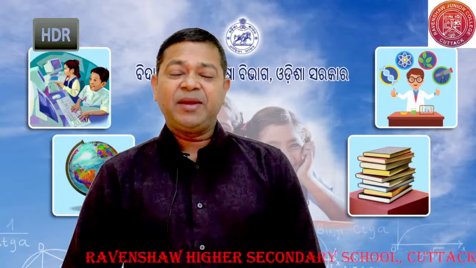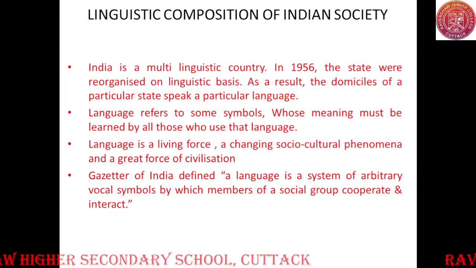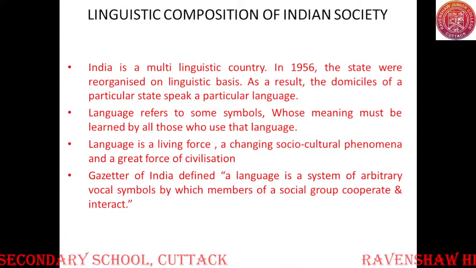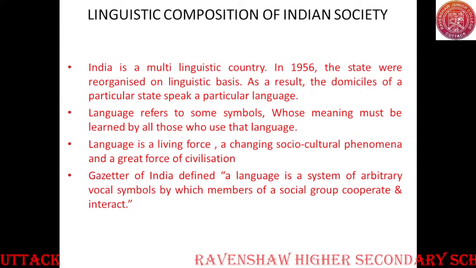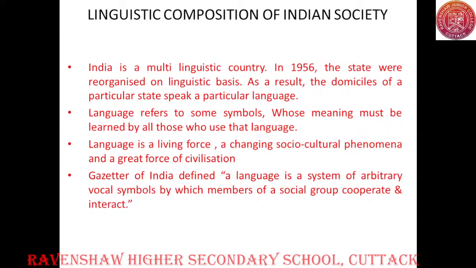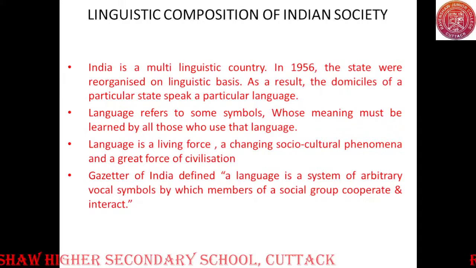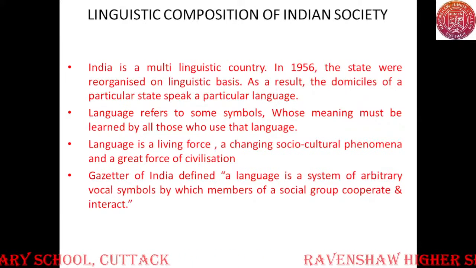The Gazetteer of India, the official document, defined language: a language is a system of arbitrary vocal symbols by which members of a social group cooperate and interact among themselves.